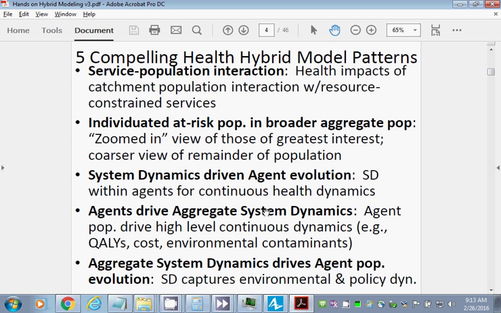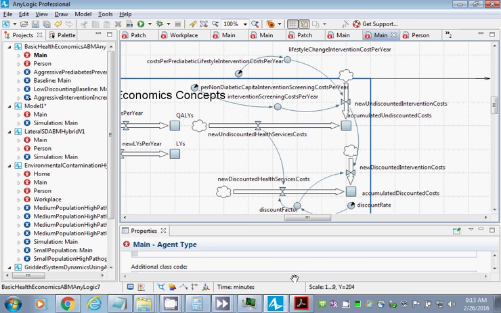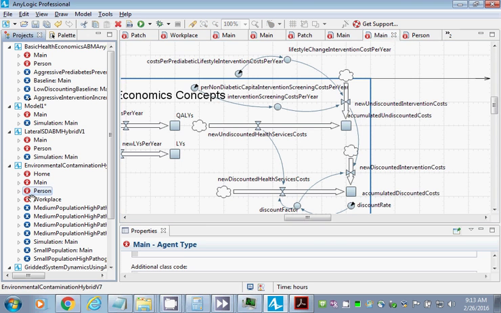And you could almost think of that first one we made yesterday, where we have persons and workplaces, as being a little bit like this, in the sense that we have workplace dynamics which are occurring at the workplace, and individuals are exposed to them and proceed through their state charts accordingly. They proceed through their natural history of infection due to exposure to these more coarse-grained, like per workplace pathogen reservoirs.